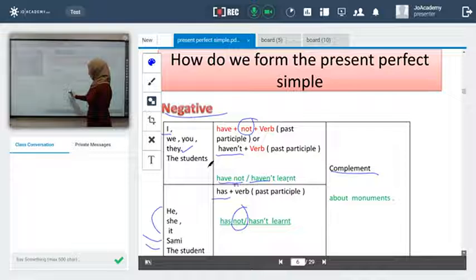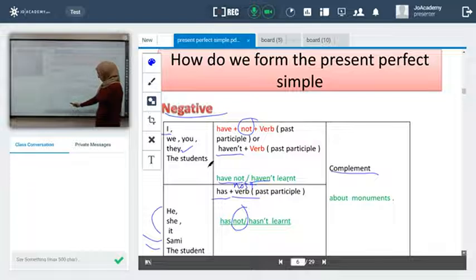Here we should write not. Then we use a verb. So has not, or we can make it a short form, hasn't. And we use the verb in the past participle case. So, he has not or hasn't learned about monuments.